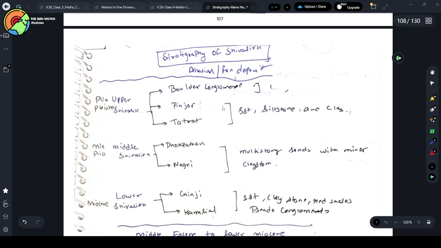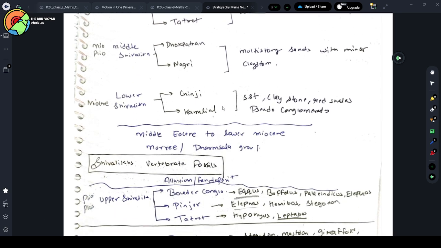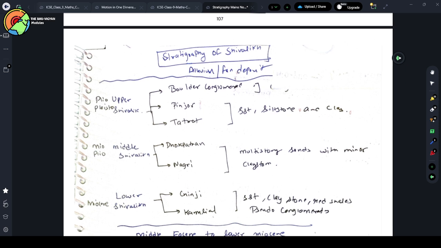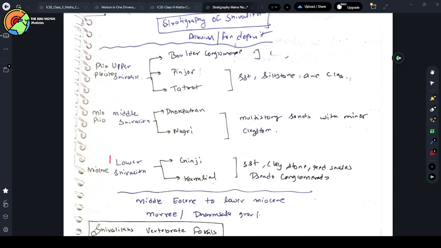Okay, now if we see the stratigraphy of Shivalik, in the basement we have Muri or Dharamshala group, which we have seen just now, of middle Eocene to lower Miocene age. Above that we have lower Shivalik, middle Shivalik, and upper Shivalik.